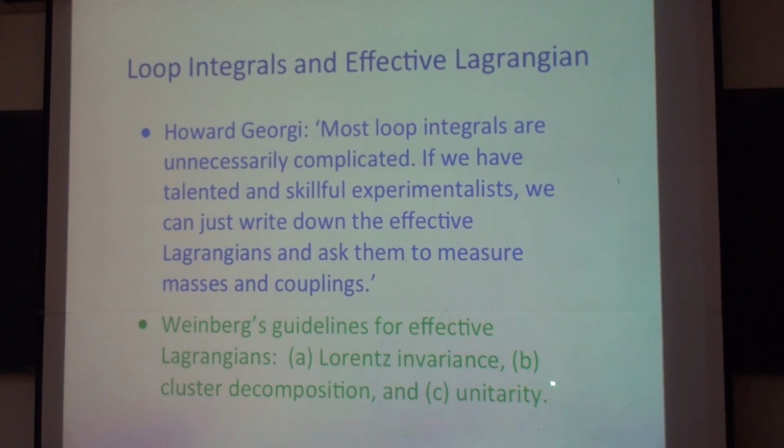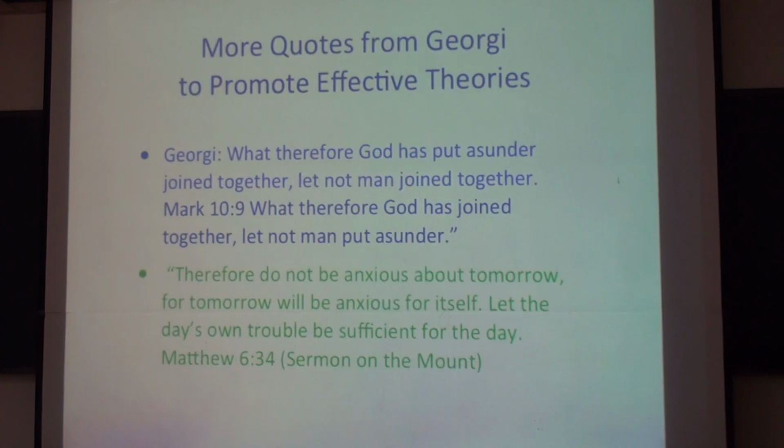Most of the time we need unitarity, but for vector boson scattering, unitarity may become a funny concept, because if you have WL at high energy, your cross-section will not satisfy unitarity. So Georgi suggested we follow Weinberg's guideline for effective Lagrangian, and we should study physics without being confined by what most people look for, renormalizable or fundamental theory.